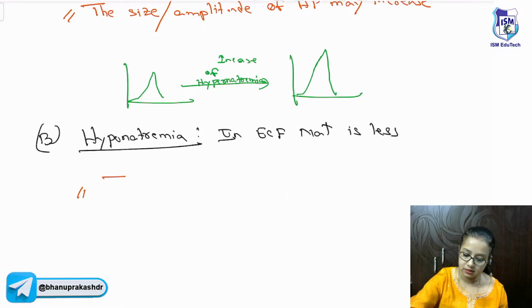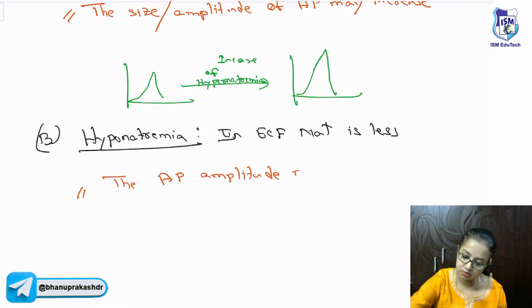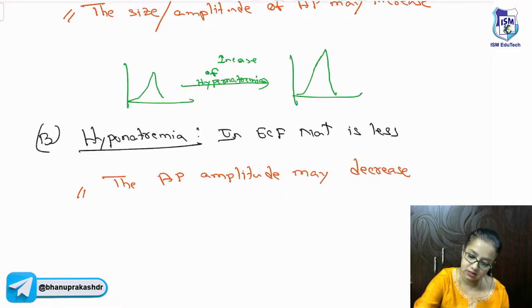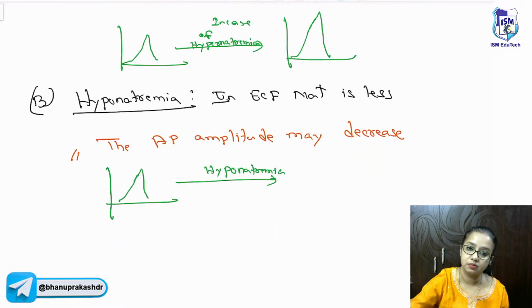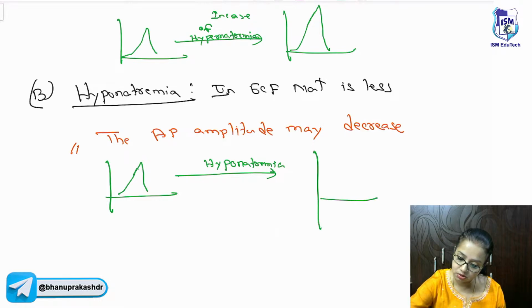Here, the action potential amplitude may decrease. Like in normal condition, if it is like this, in hyponatremia the amplitude will go down. This is the only thing that may happen.